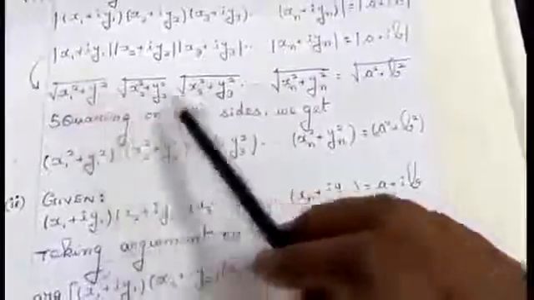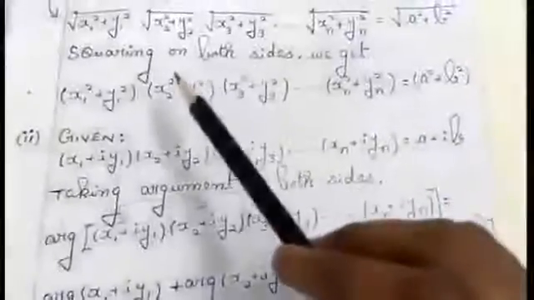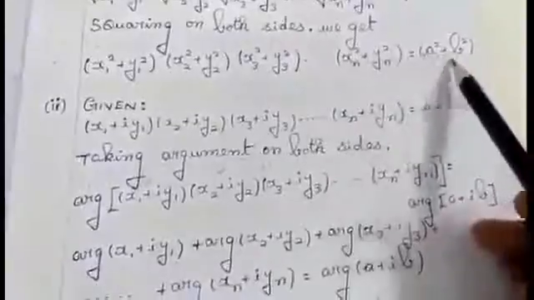After that, I get root of x1 square plus y1 square and so on, root of xn square plus yn square equals root of a square plus b square. To remove the square roots on both sides, we get the required answer given in your first part: x1 square plus y1 square and so on till xn square plus yn square equals a square plus b square.